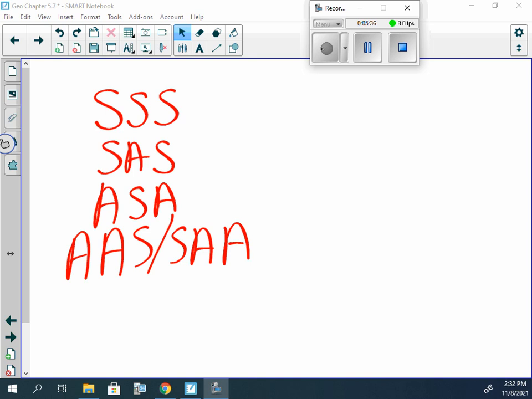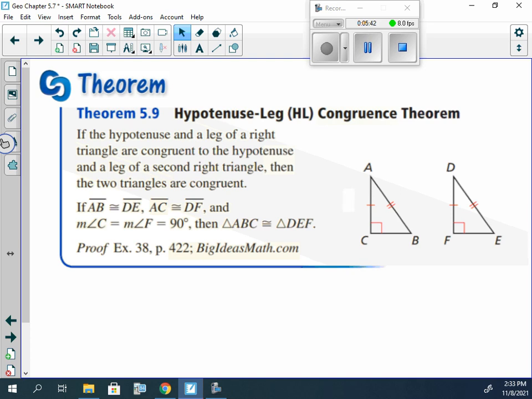Side, side, angle doesn't work. Now, this one here I do want to talk about briefly, and we call this hypotenuse leg. This is an example of side-side-angle, but it only works if it is a right triangle.